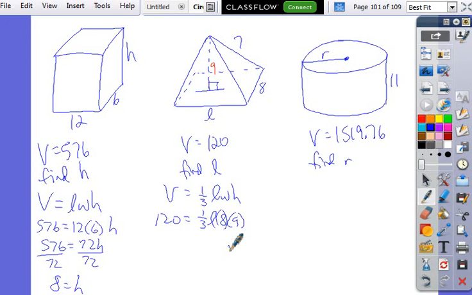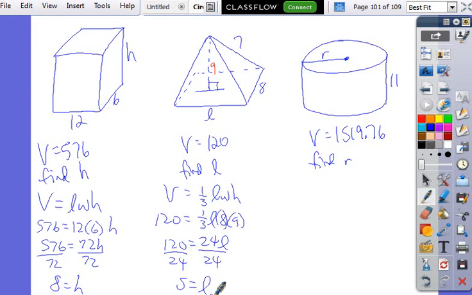Go ahead and multiply all those numbers together that are on the right over there. So 1/3 times 8 times 9. I think it's 24. So now I have 120 equals 24L. So what do I do? Divide by 24 and get 5.